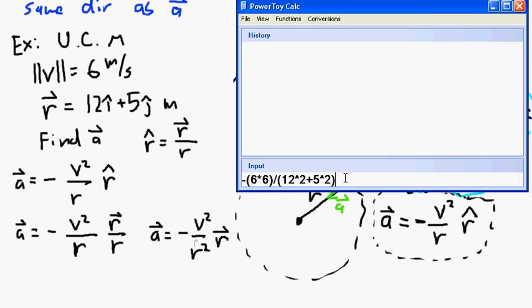Unfortunately, this is where I have to do this in 2 steps. We have to multiply this once by the i component and once by the j component to find the individual components. So this should give our i component of acceleration.